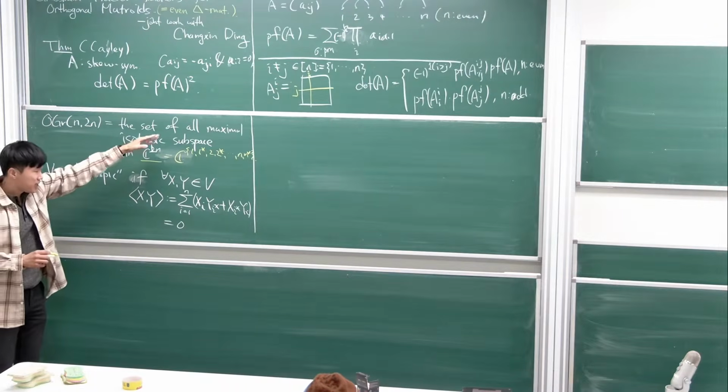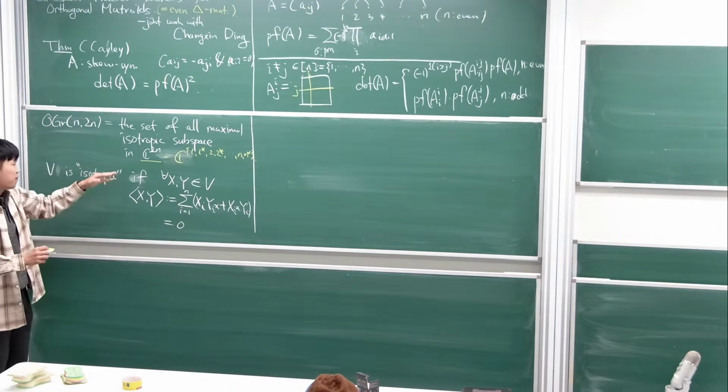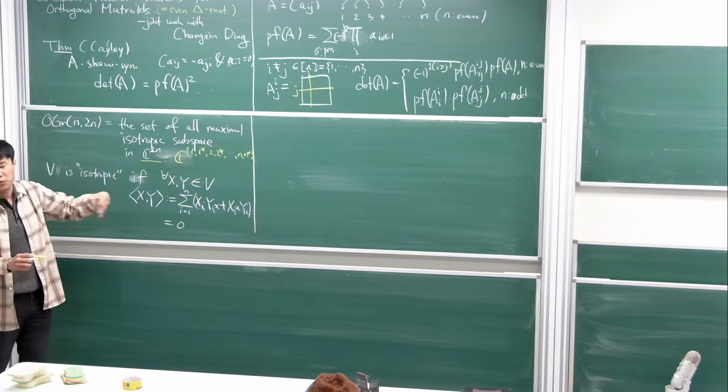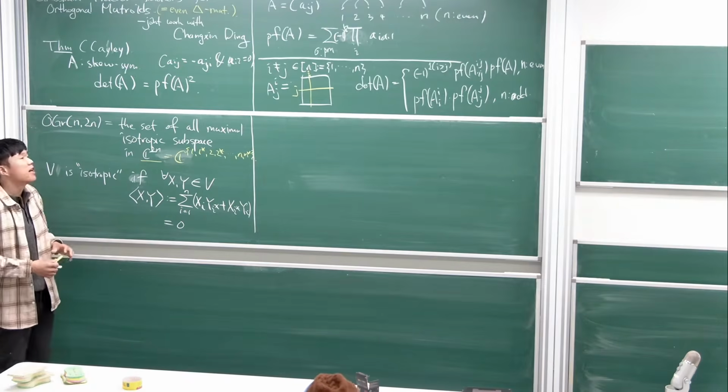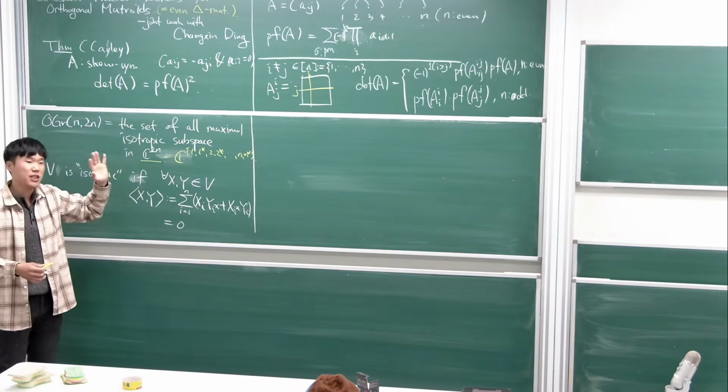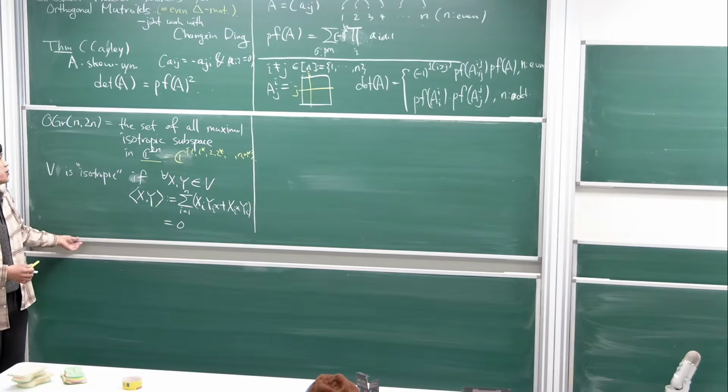And maximal means, of course, just maximum. If we try to put in more vectors to make the dimension one higher, and this is impossible, we say it is maximal.